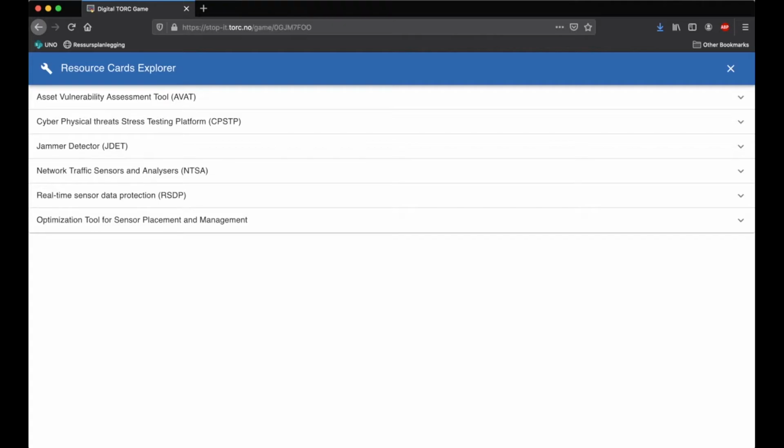Just talk among you and just try to figure out what you can use. Do you have any ideas? The decision maker has an idea about which tool he can use as external tool and also as resource card.